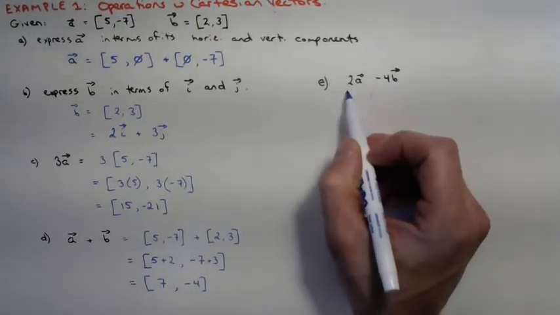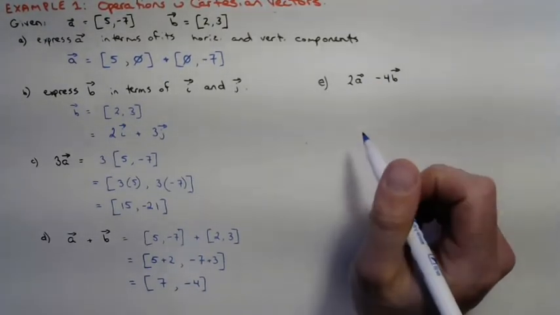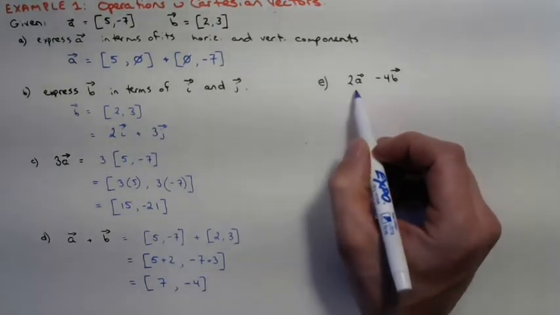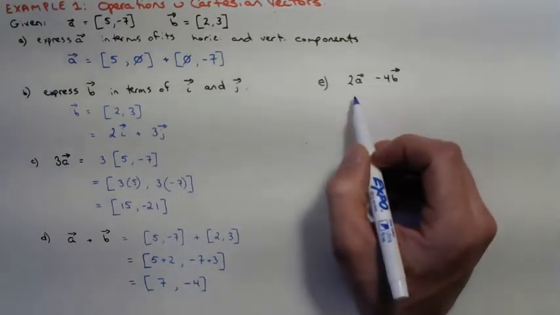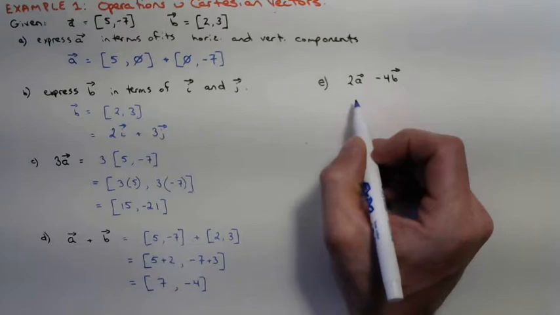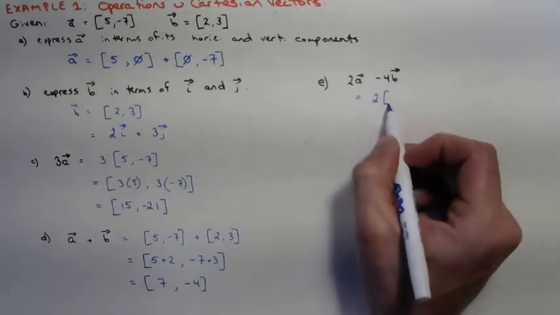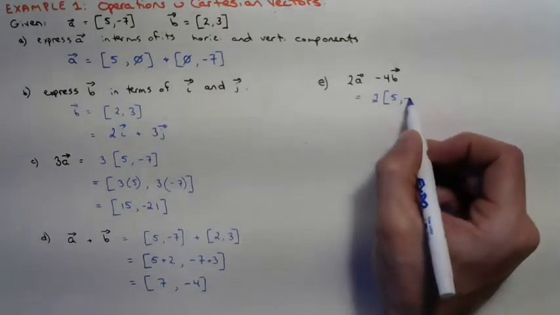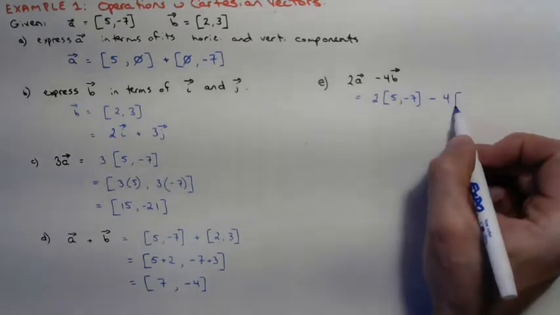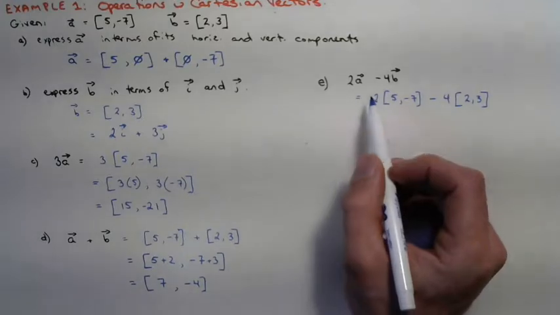Each vector has a scalar multiplier, and again, it's the same as working with integers. It's the same as algebra. We're going to use BEDMAS. You're going to do multiplication before addition and subtraction. I can't go 2 minus 4 and then have negative 2AB. That doesn't make any sense. So what we're going to do first is simply write down that we have 2 times vector A, and we're going to subtract 4 times vector B. Just simply write what is there.